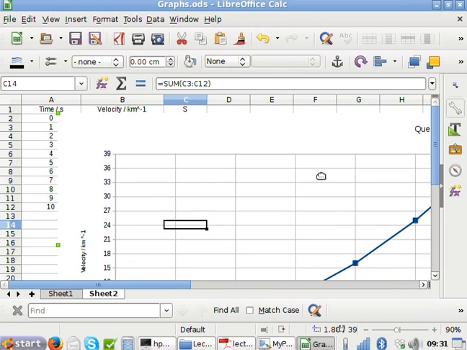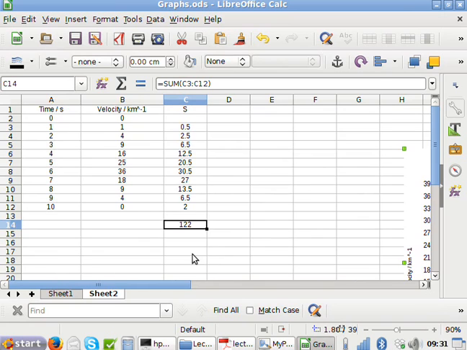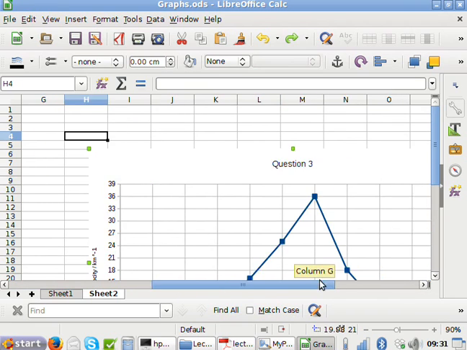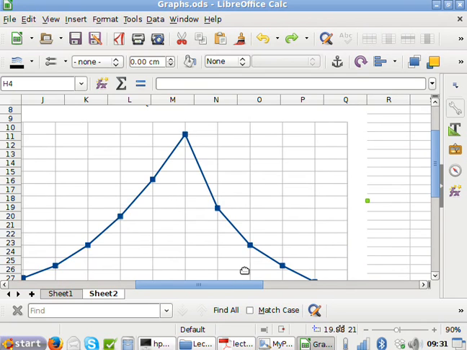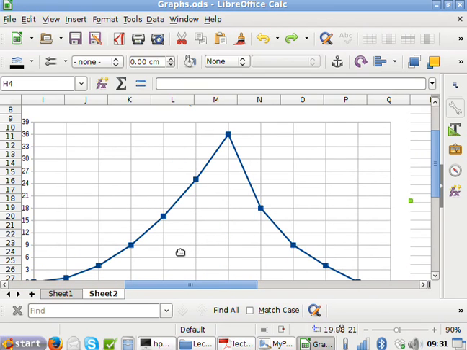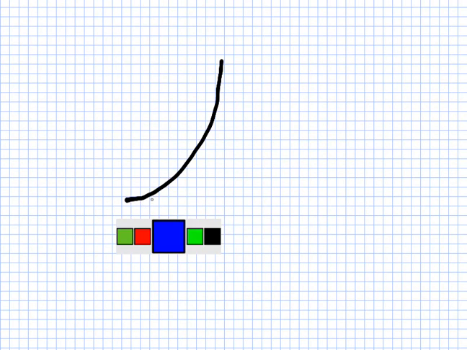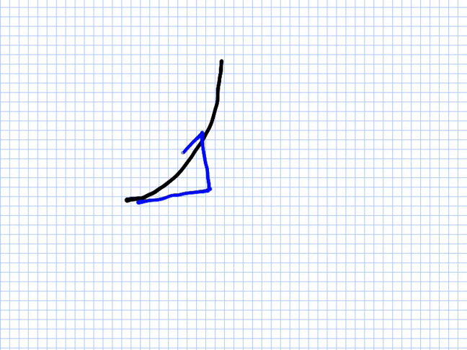Where did my numbers go? Oh, there they are. All right. Okay, distance. So let me calculate this. So let me have a look at the shape here.